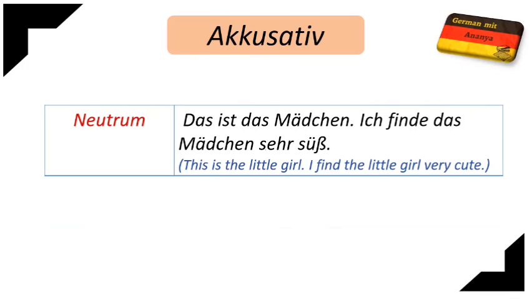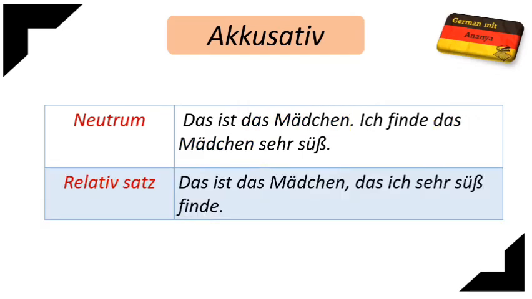Neutrum: Das ist das Mädchen, ich finde das Mädchen sehr süß. So in every sentence you have to check the common things, you have to check the gender and the case, which is accusative. So the answer will be: Das ist das Mädchen, das ich sehr süß finde.